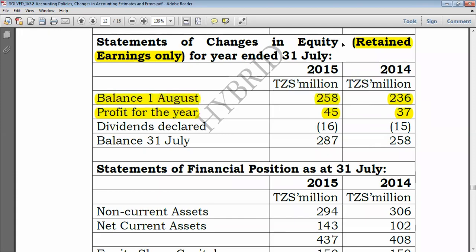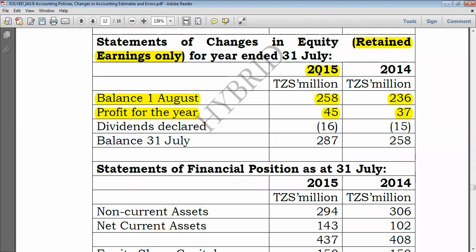We said that we apply this retrospectively. By applying it retrospectively, we adjust everything in the past. Everything that happened in the past, we have to adjust. So it's just very simple. Just ask yourself, this is 1st August 2015. So take everything before 1st August 2015.